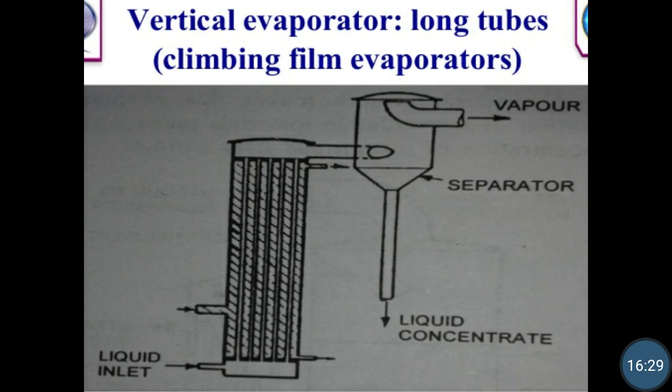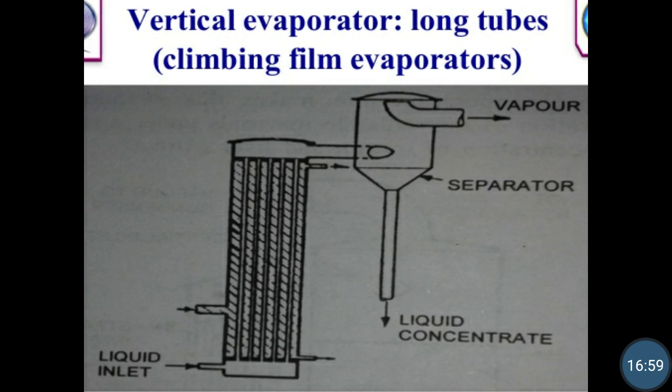So liquid at the bottom starts to boil and gets moved towards the upper side in these tubes, where again they form a film at the inner surfaces of the tubes. That film gets heated by the steam which is circulated in the surrounding of these tubes, so the liquid gets evaporated and converts into vapor.